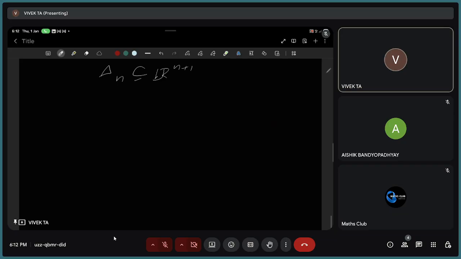Now I can define the boundary of a delta. Delta 1's boundary, which I'll define as dou of delta 1, is essentially 2 points, right? This point is (1, 0), and this point will be (0, 1), right?